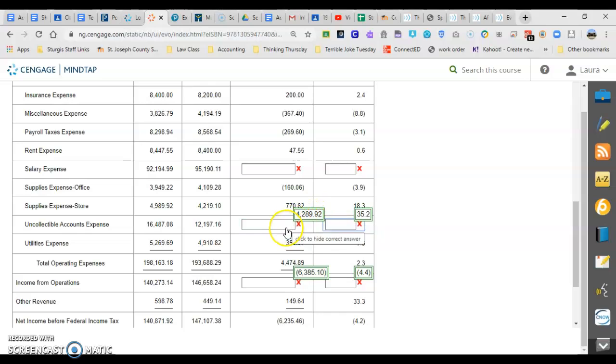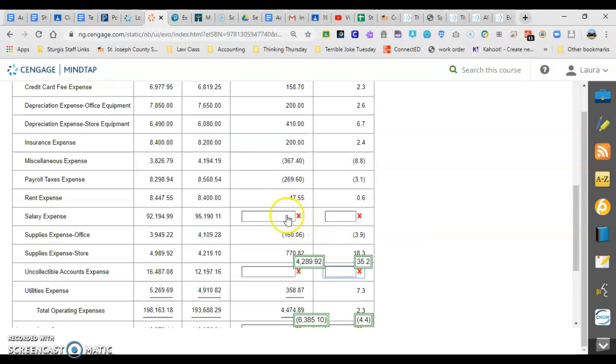Our uncollectible accounts expense went up, so you want to look at that. There's more people that didn't pay their debts. In our current economy, with the shutdowns of businesses and all that, I'm sure uncollectible accounts for many businesses are going to go up, and they weren't foreseeing that, right? They didn't have their allowance for uncollectible accounts as much.